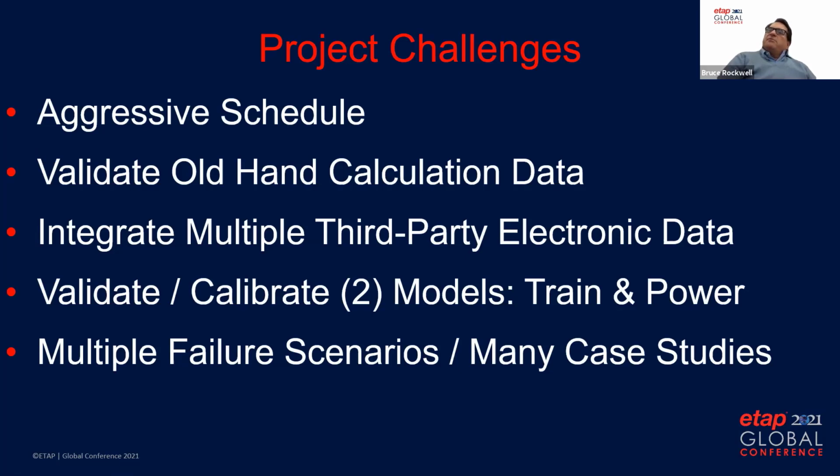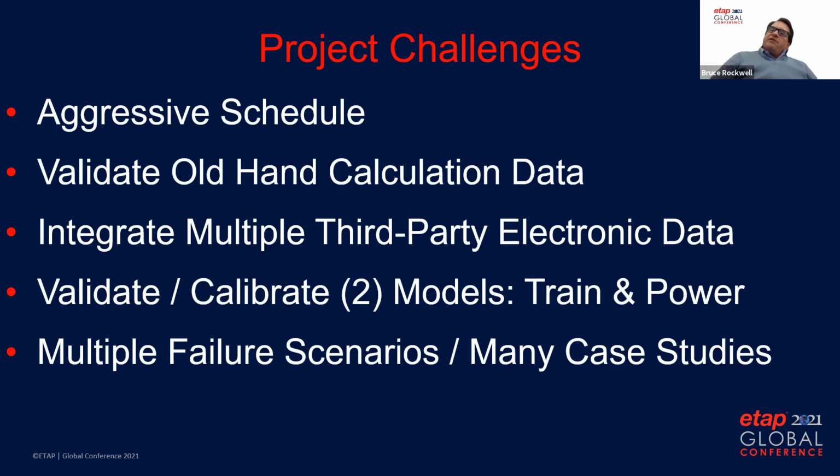We integrated multiple third-party electronic data to validate original short circuit and load flow data that had been updated over the life of the railroad. So all of that original hand calculation data and integrated multiple third-party load flow data was used to calibrate and validate the model.